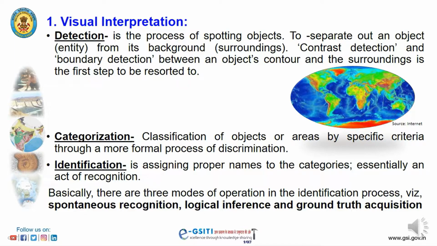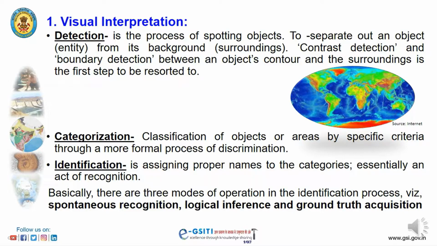What are the different types of colors there? What all things we can detect from that? So here comes detection. It is a process of spotting objects to separate out an object from its background surroundings. Contrast detection and boundary detection between an object contour and the surroundings is the first step to be resorted.